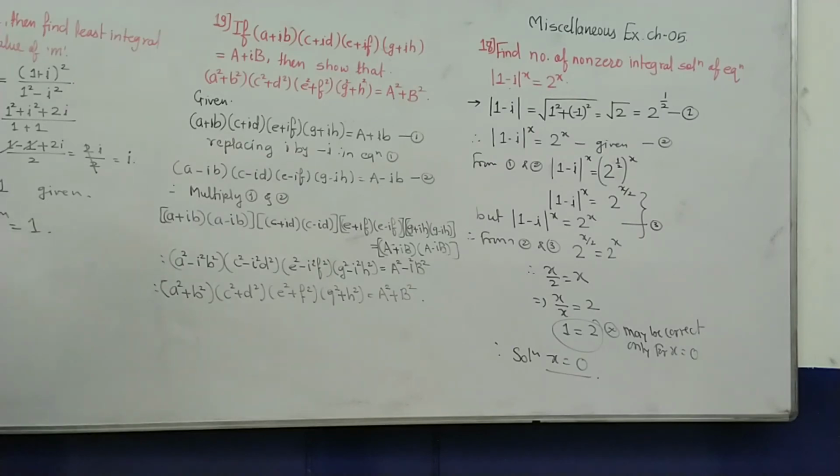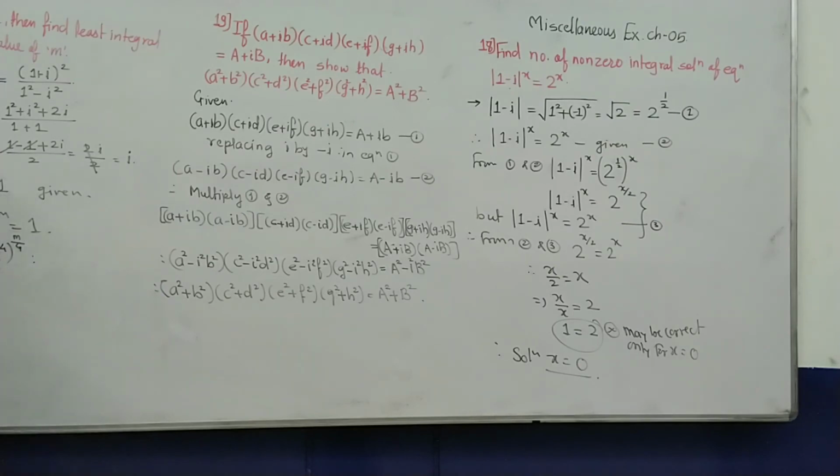But we know that when we were finding the value of i, the power of i, at that time we got it in the form of what? Multiple of 4. Okay, so therefore this can be written as i raised to 4 raised to m upon 4. Okay, right or no?